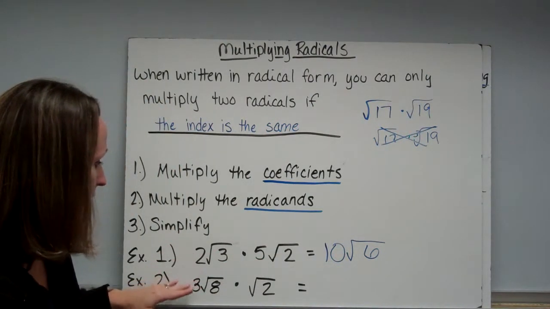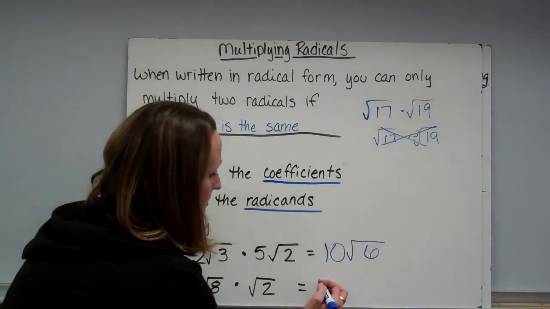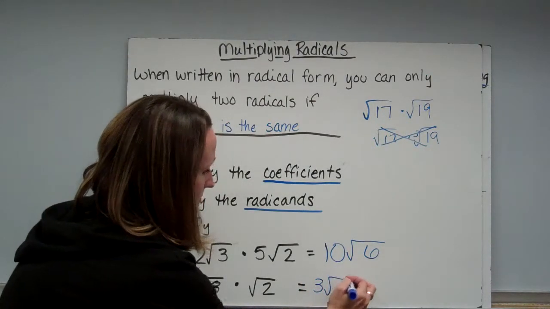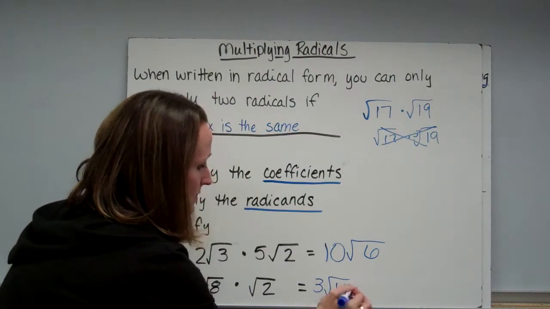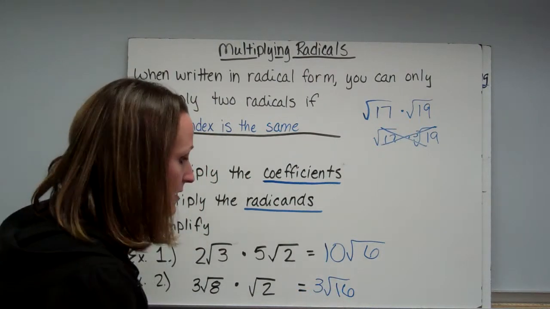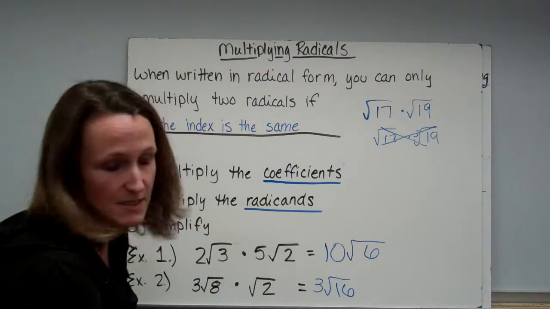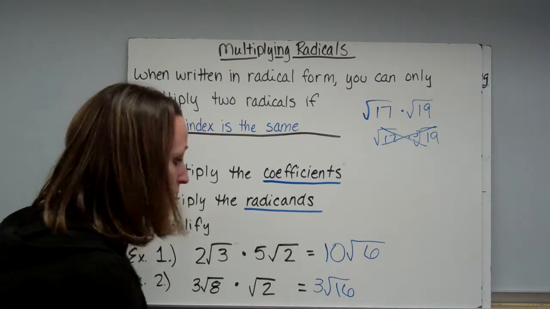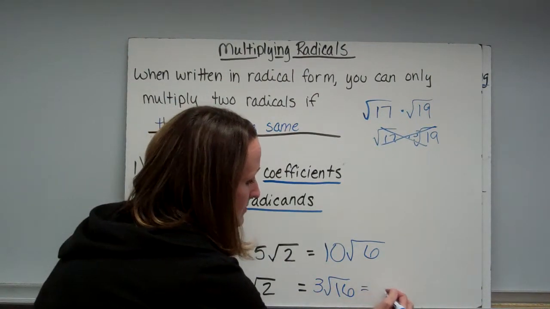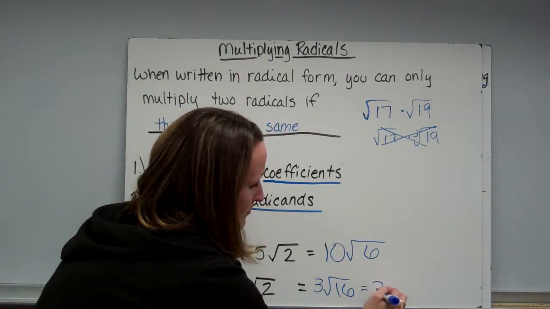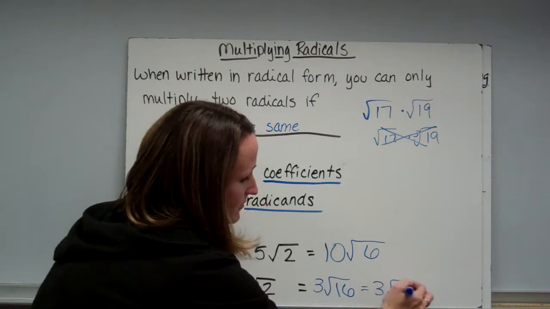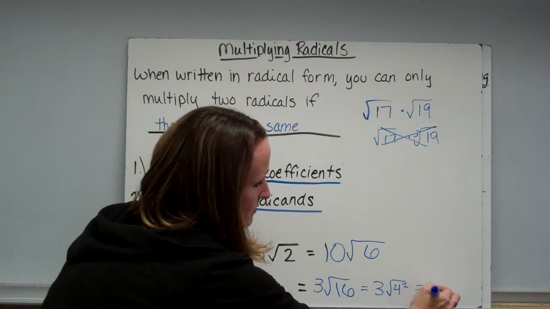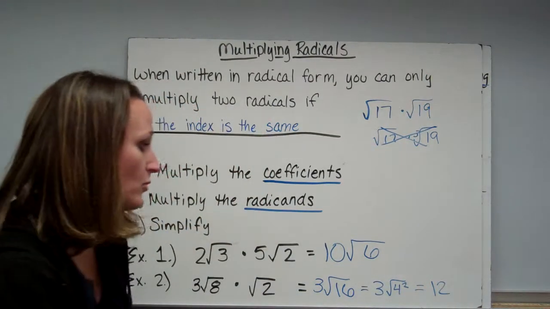And then here, 3 times 1, or 3, and then the square root of 8 times 2 is 16. Now, in this case, 16 is a perfect square of 4. If we rewrote this, 16 is 4 squared. That's a perfect square, so this actually becomes 12 when we simplify it.